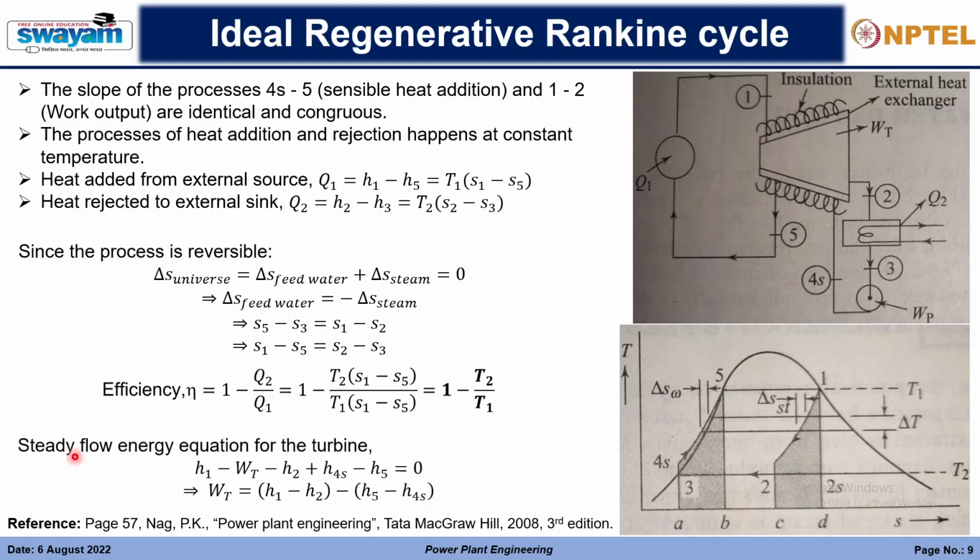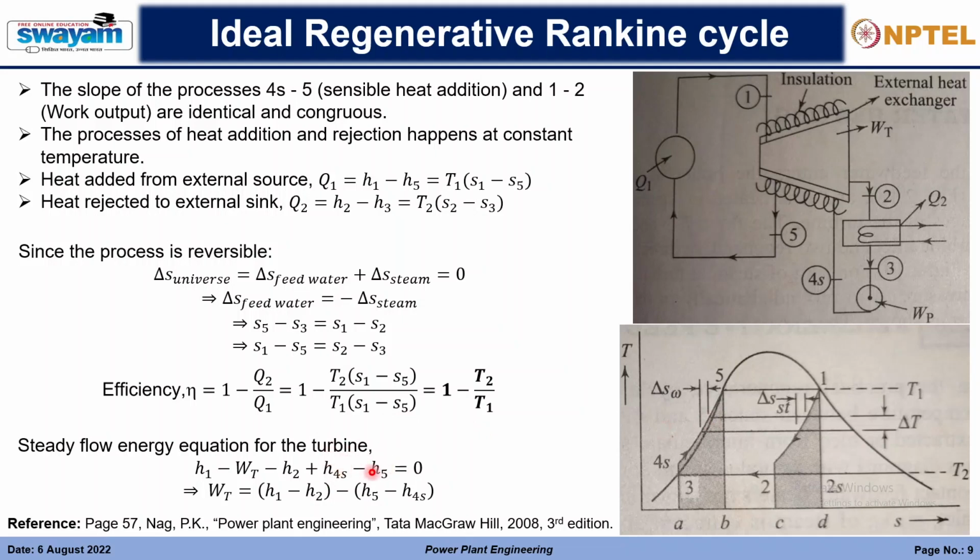By using the steady flow energy equation for the turbine, we also get H1 minus WT. So this is H1, and WT is the work done being extracted, so minus WT, then minus H2, that is the end condition. Then H5 minus H4s is the amount of heat being extracted from the turbine, so we have to subtract that heat extraction here.